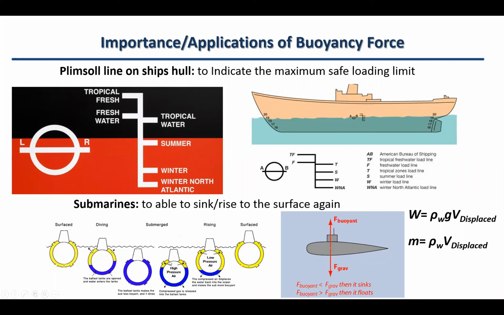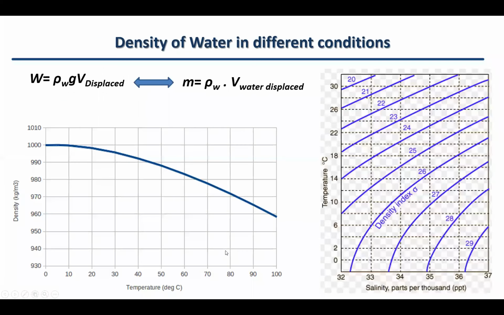They fill the ballast tanks with the compressed gas and release the water from this area, and the submarine becomes lighter. The buoyancy force is then greater than gravity, so it is lighter and can rise to the water surface. So that's the principle of how submarines work.